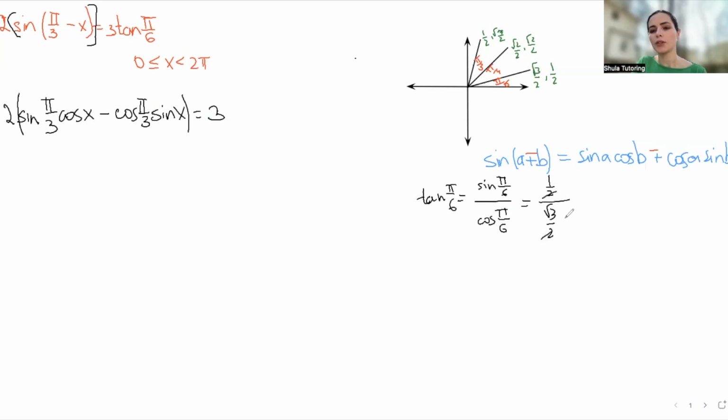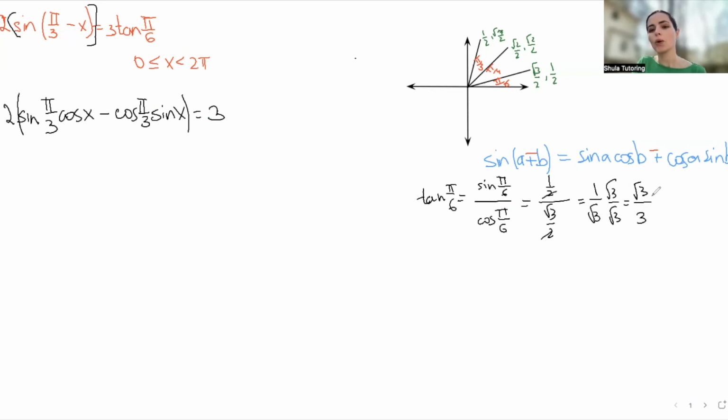So this is gone and we're left with 1 over square root of 3. We don't like to leave square roots in the denominator, so we have to rationalize this fraction. We multiply both top and bottom by square root of 3 and we get square root of 3 over 3.